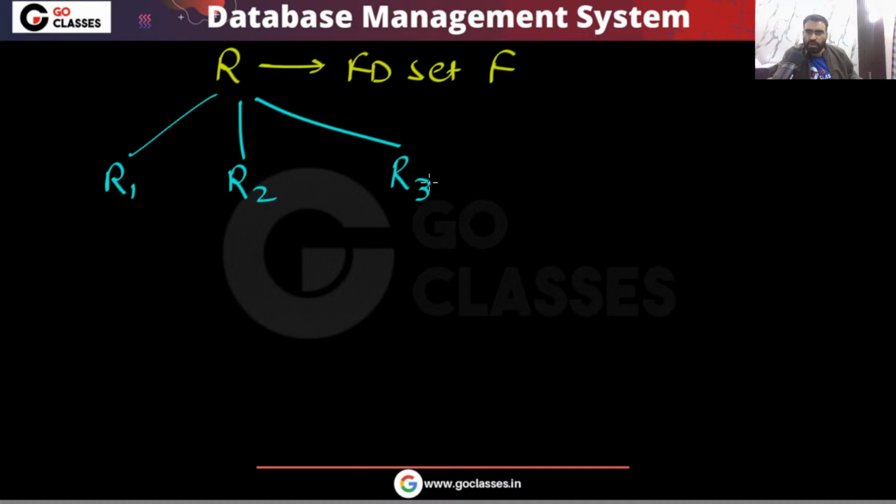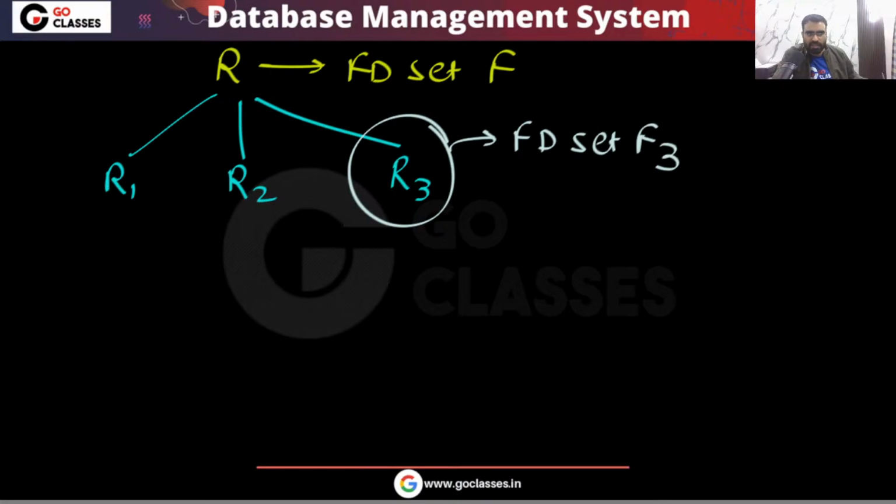Basically, the projected FDs on R3, let's call that F3. This F3 means these are the functional dependencies that hold among the attributes of R3.